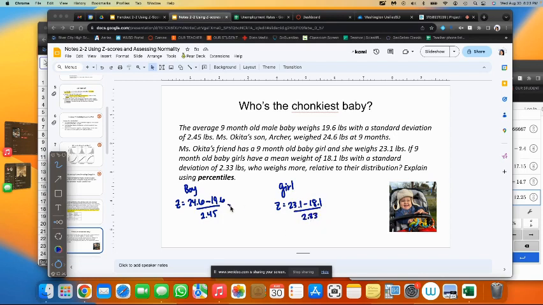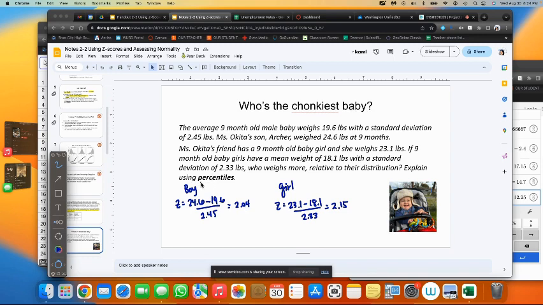And if you remember, this z-score was 2.04, and this one was 2.15. So we determined that the girl weighs more relative to her distribution because she's 2.15 standard deviations above the mean, whereas the boy is about 2 standard deviations above the mean.